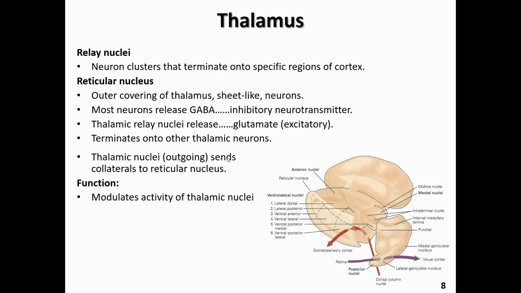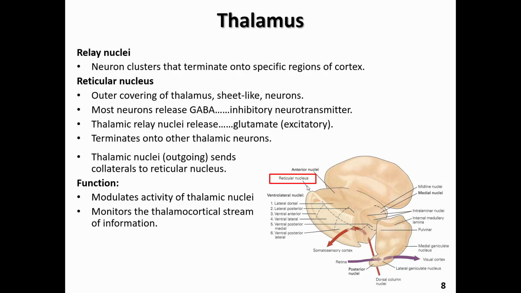And the function here is to modulate the activity of the thalamic nuclei, and that occurs through the balance of inhibitory and excitatory signals. And this functions to maintain what's called the stream of information. This is the transmission of bioelectrical signals that will terminate into the cerebral cortex, or through what's called the thalamocortical stream.